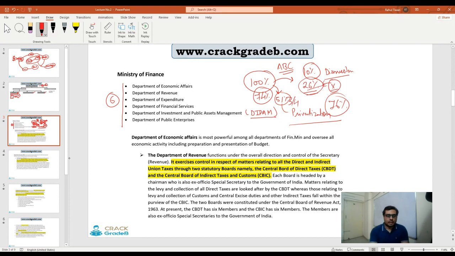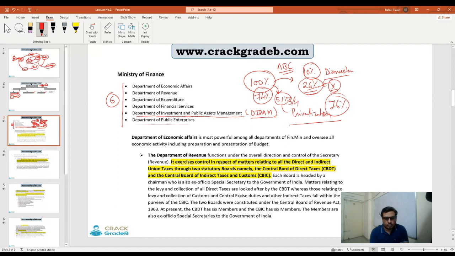That is why the name was changed to Department of Investment and Public Asset Management. Whatever we get after selling the shares, we are going to effectively invest in other places. So more positivity came here.